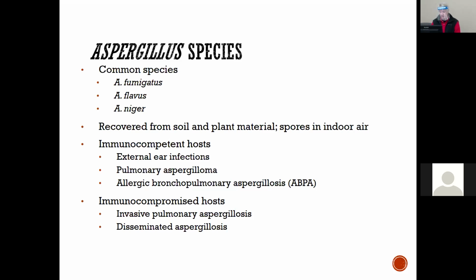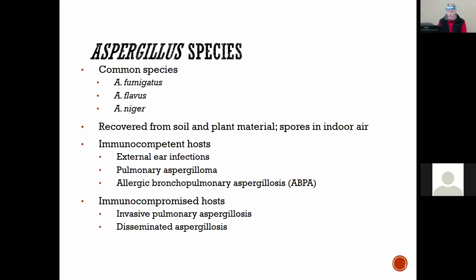We can also have allergic reactions to the spores, so we get allergic bronchopulmonary aspergillosis, ABPA. So if you see that abbreviation, that's allergic bronchopulmonary aspergillosis. So that's us, right? We can still pick these up and still have problems, but definitely not as bad as the immunocompromised patient.